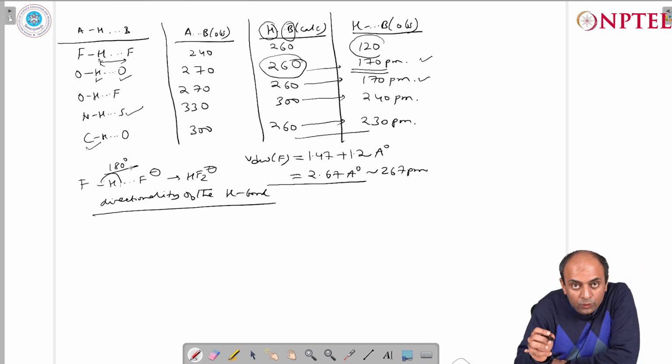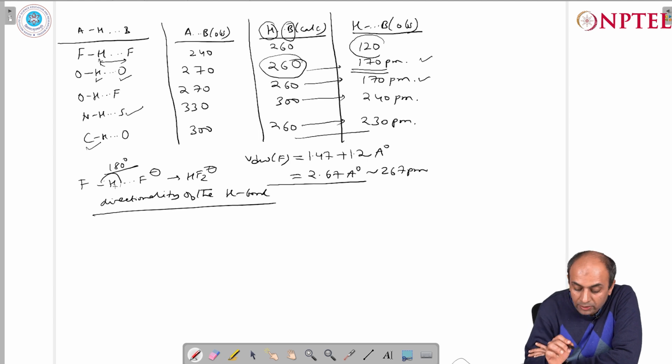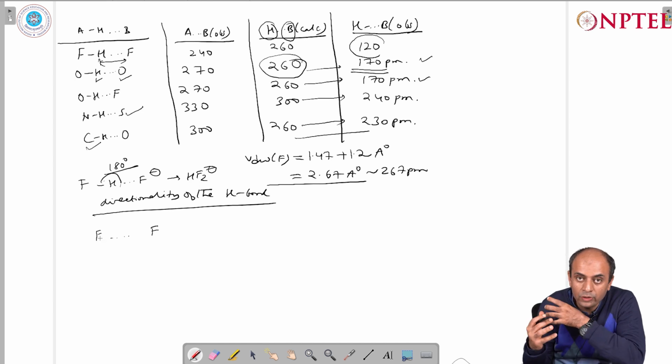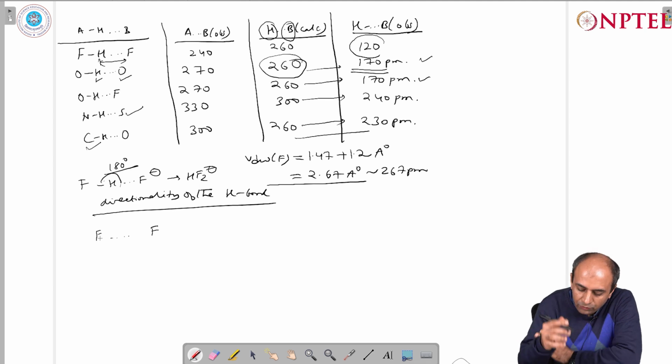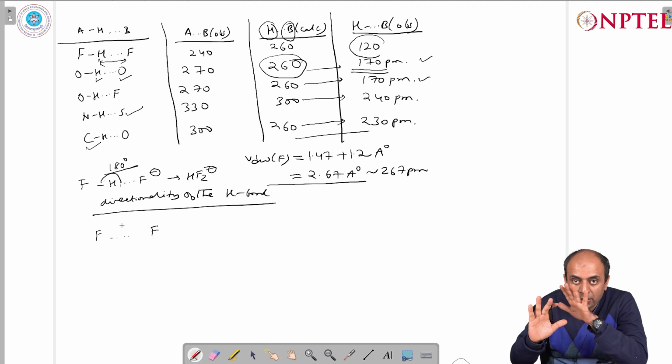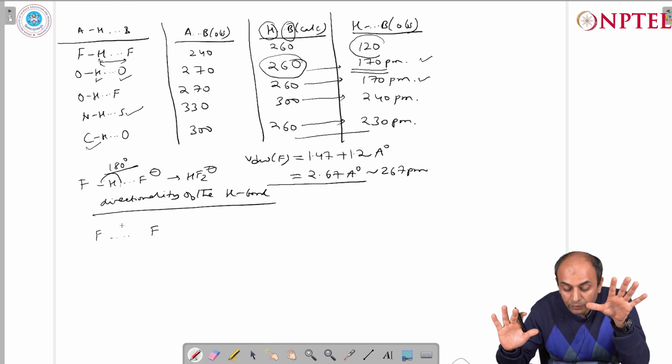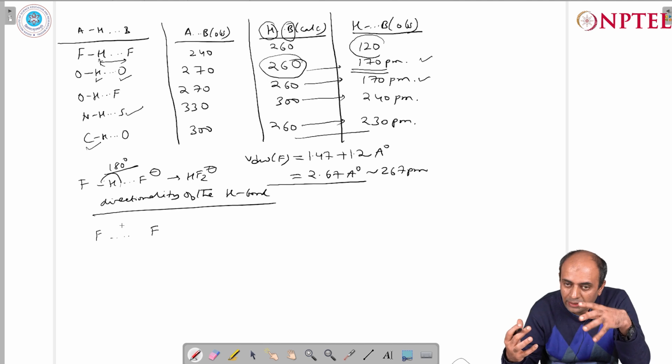Now why is it that you would like to have this directionality? This is because when you have two highly electronegative species coming close to each other, you know that there are going to be repulsive forces operational, and to minimize these repulsive forces, I put in a positive charge which will effectively screen the negative charges from the two approaching electronegative atoms and create a more stabilizing situation.